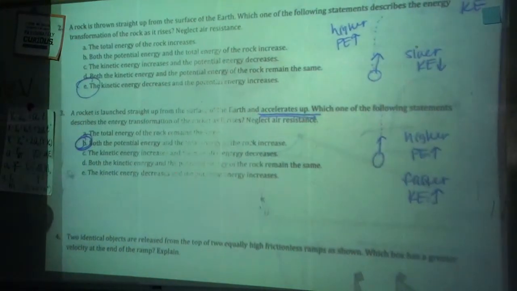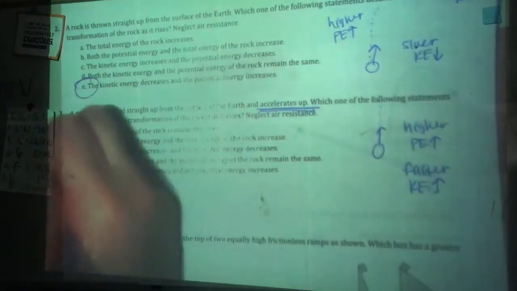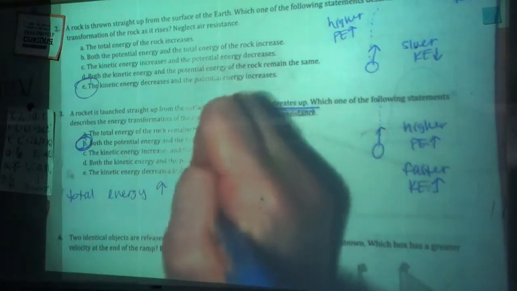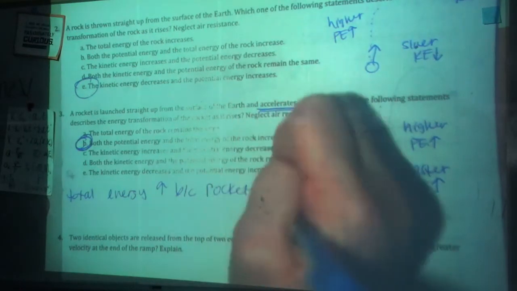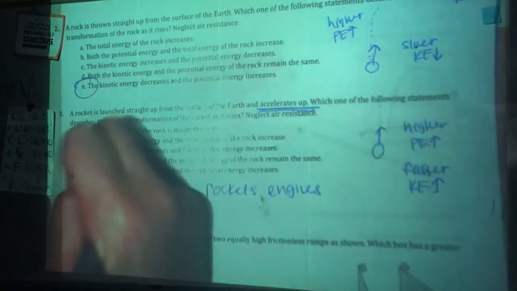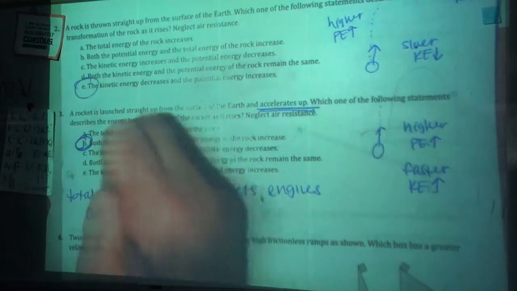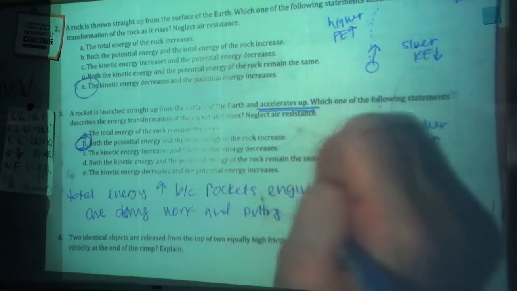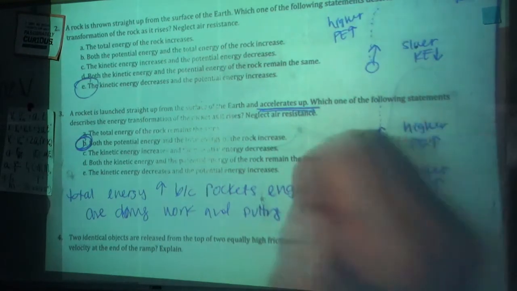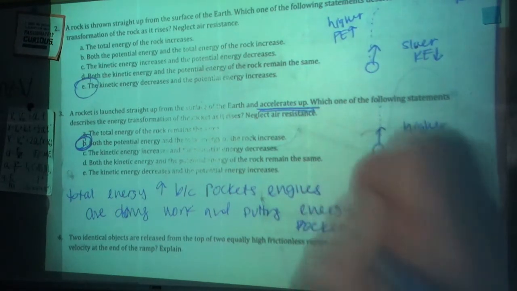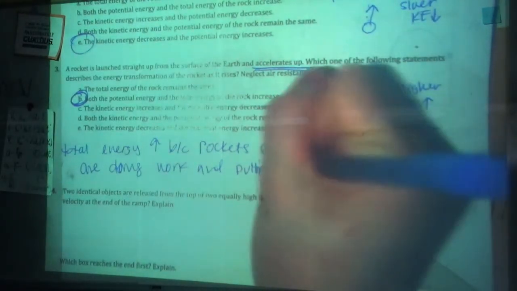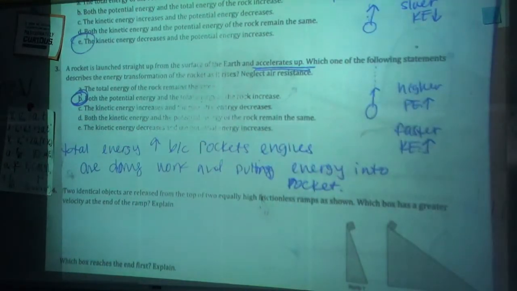The total energy is increasing because the rocket's engines are doing work and putting energy into the rocket. And we'll talk more about doing work later this week. But the idea is that you can have total energy increase if there's something externally putting energy into the system.